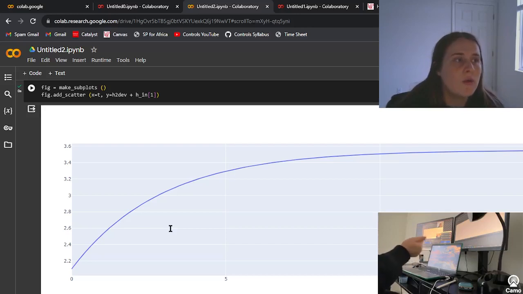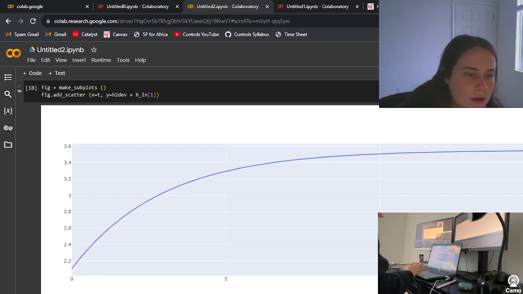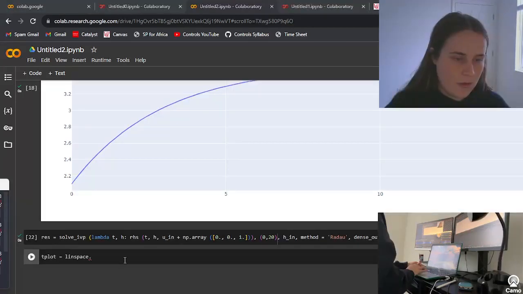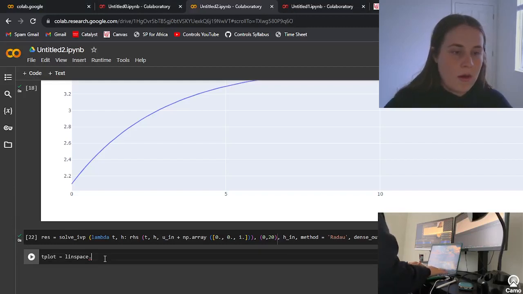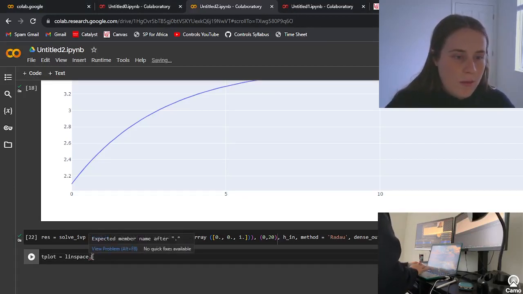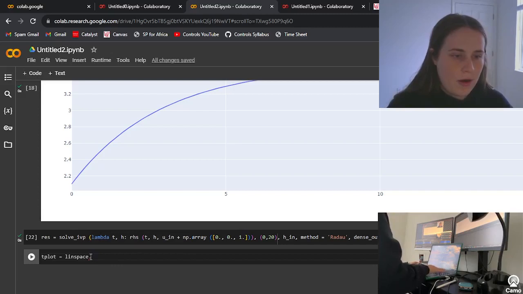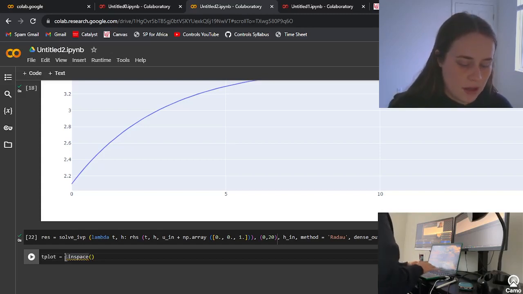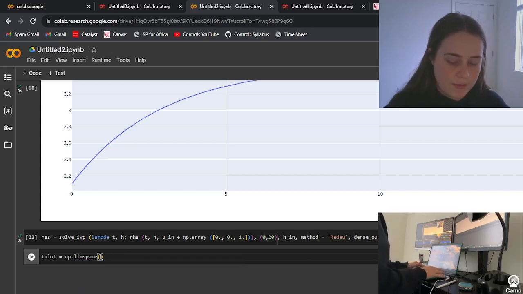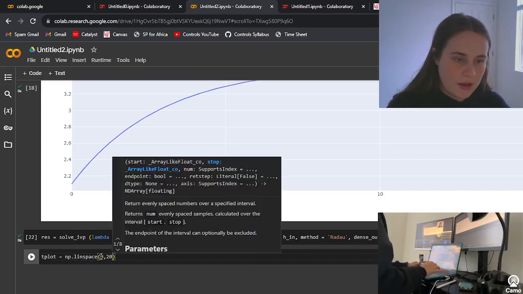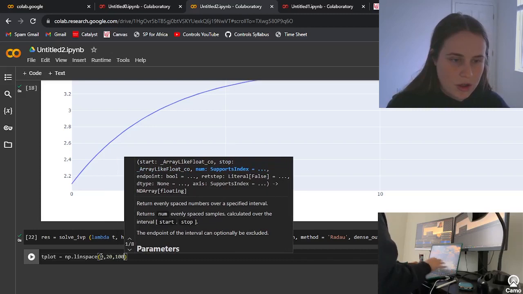And next I will be doing it for the solve IVP. Down here we have linspace. Oh, sorry, this is np.linspace from 0 to 20 with 100 points.